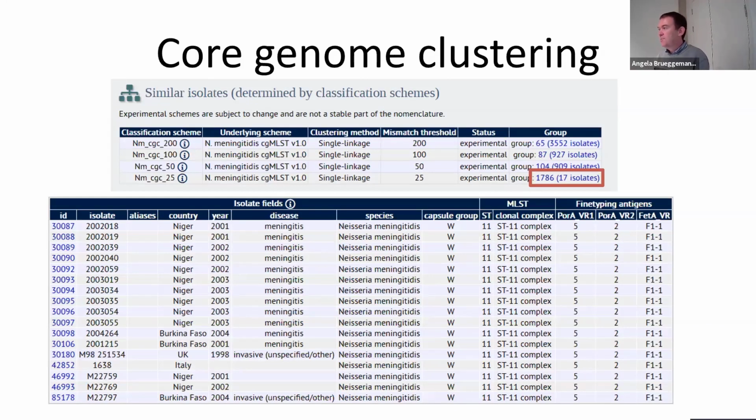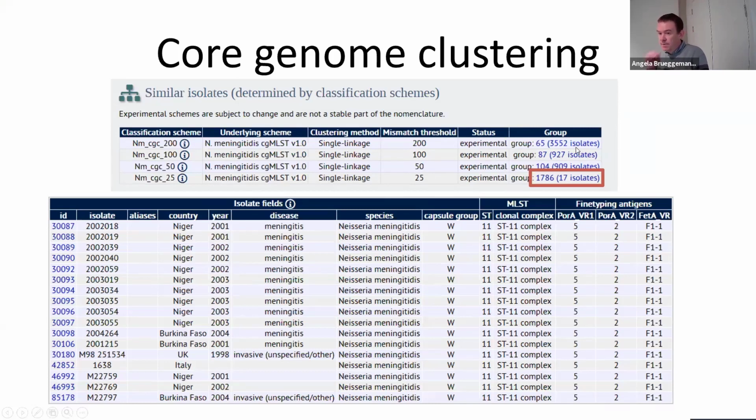And generally, the larger groups don't change, but they can if you make some sort of change in the database. But essentially, that allows us to know which core genome STs are grouped together. And because we know which isolates have which core genome STs, we can also determine which isolates group together.